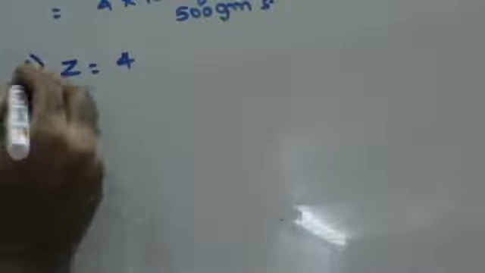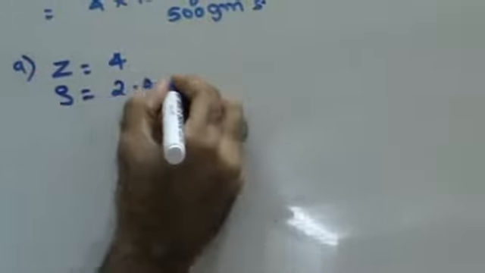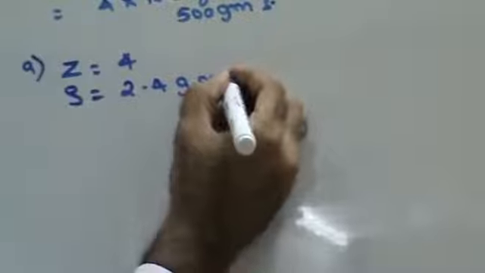Sodium chloride we know has a face centered cubic crystal lattice, so its value of Z will be 4. What is the distance between potassium and fluoride ions if the density is 2.4 grams per centimeter cube?